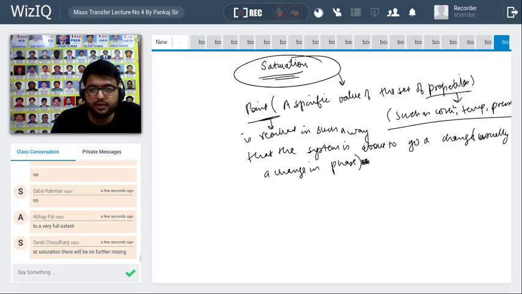For example, if you are studying continuously for a long period of time and then you get saturated, it means your mind won't be able to take in more knowledge from whatever you are reading. Similarly, if someone is abusing you, and you keep expressing your anger, and at some point you become so frustrated that you are about to get angry, that is the saturation limit.